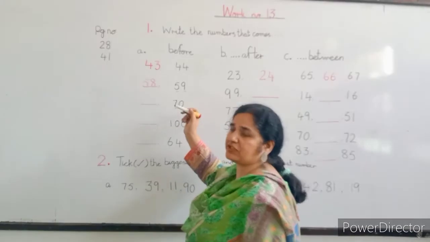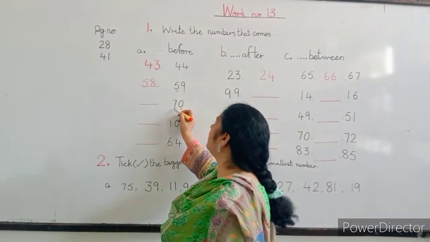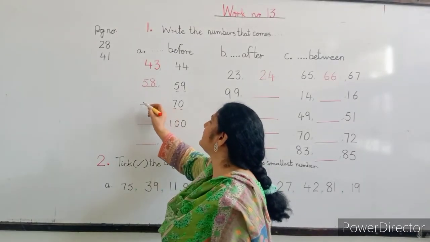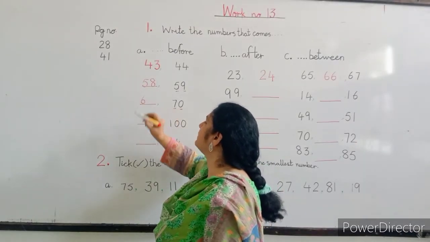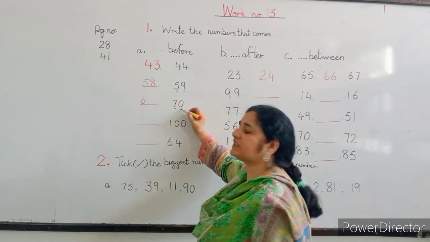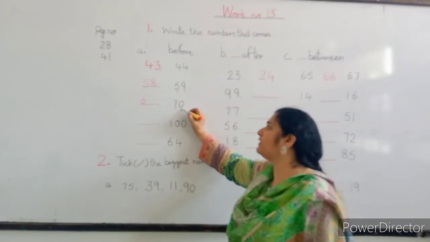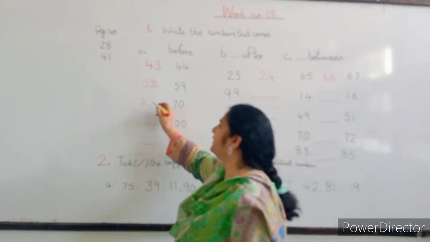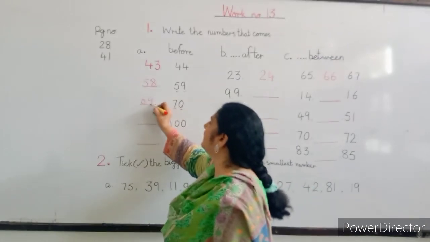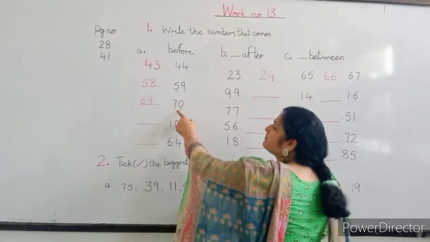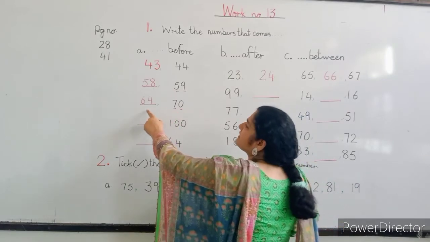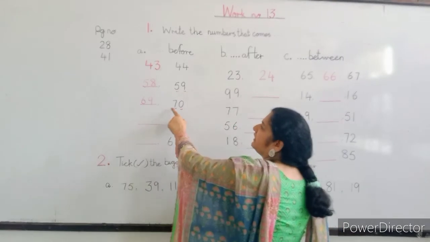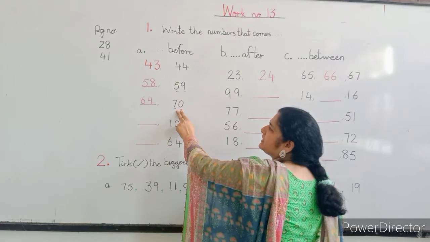This tens will change, the number before 70 will change into 60. Okay? And this 0 will change into 9. Right? So what comes before 70? 69. Right? Look, both numbers are changed.